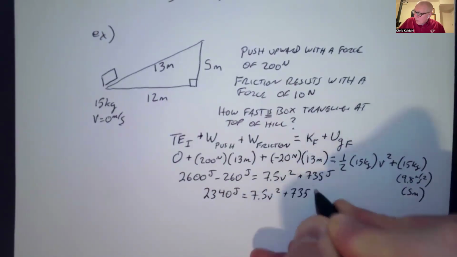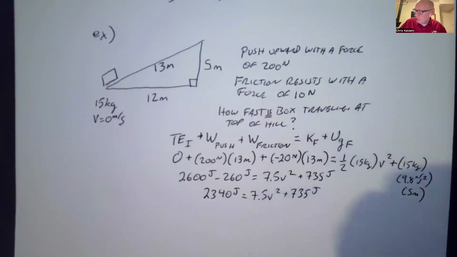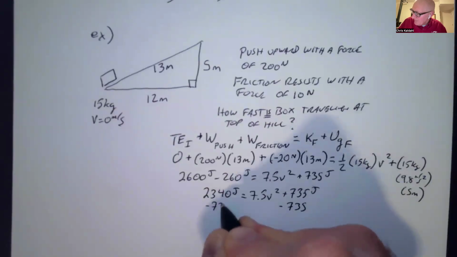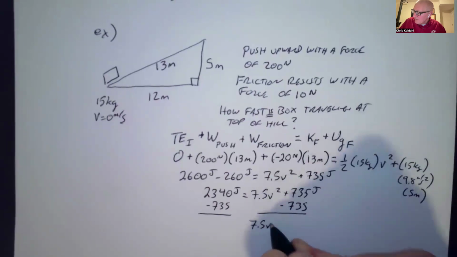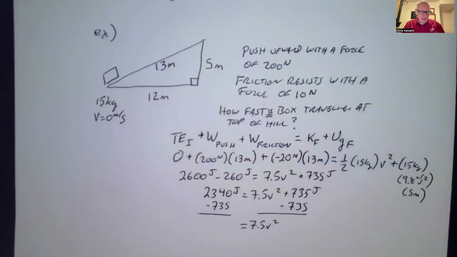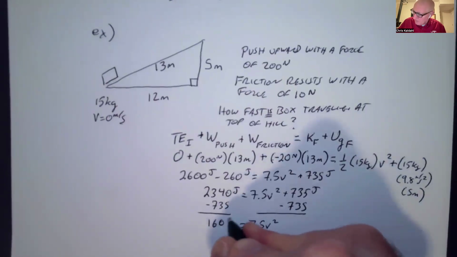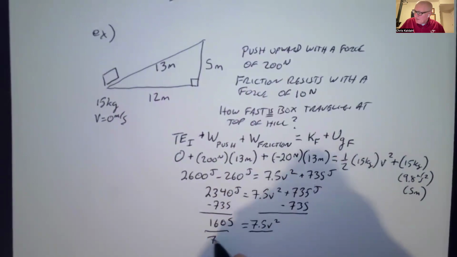Now, what do I have to do to get v squared by itself? Two things are happening. It's being added to 735 and it's being multiplied by 7.5. So let's subtract the 735 first. That's going to give me 7.5 v squared, and then minus 735 on the other side. Then divide both sides by the 7.5.